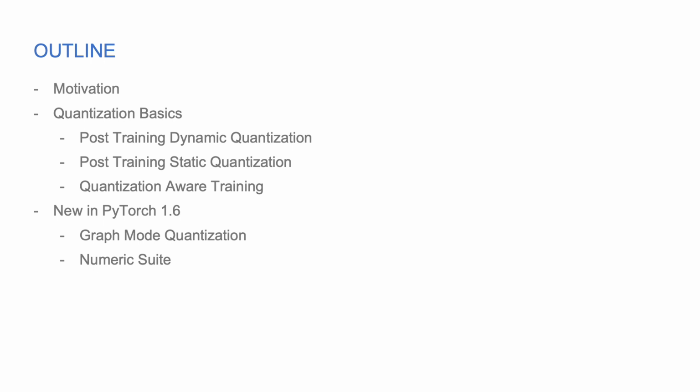And then finally, I'll talk about some new features and new capabilities that we've introduced in PyTorch 1.6. These are graph mode quantization, which makes it radically simpler to apply quantization to a neural network model, and then also the Numeric Suite, which gives you a much deeper view into the numeric behavior of different choices in quantization.